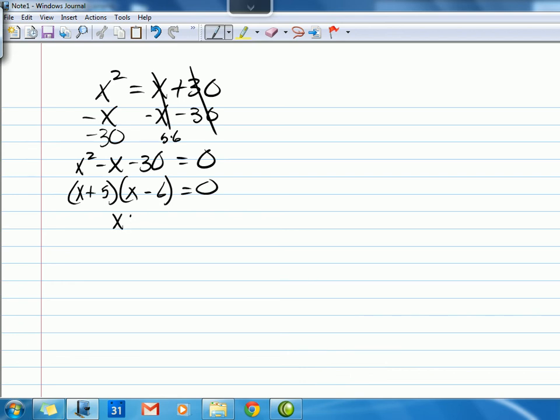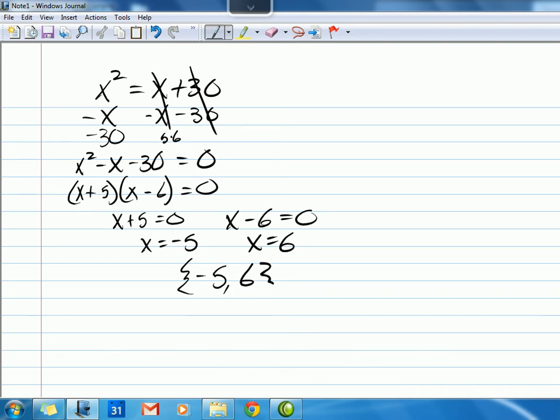So what that means is that x plus 5 equals 0, and x minus 6 equals 0. So that means x equals negative 5, and x equals 6. So we got our solution set. Fair enough? So that's mainly how you do those.